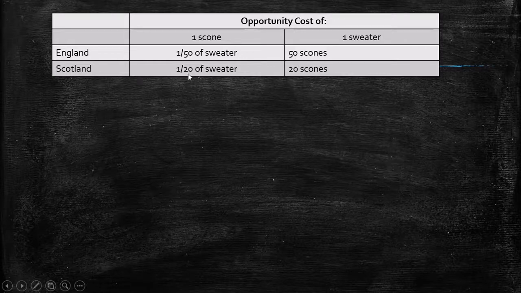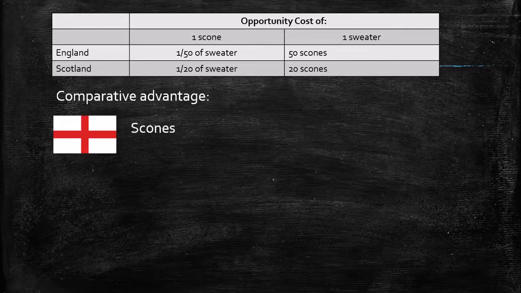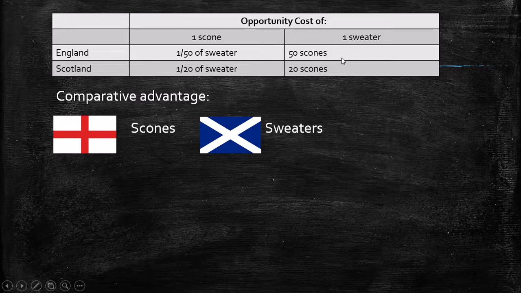On the other side, the Scottish worker, for 1 scone, can produce 1 over 20 of a sweater. Why? Because it's 2 sweaters per hour, and in the same time they produce 40 scones, so it's 2 over 40, which means 1 over 20 of a sweater, and 1 sweater is equivalent to 20 scones. So the comparative advantage is the smaller one, so scones for England and sweaters for Scotland.